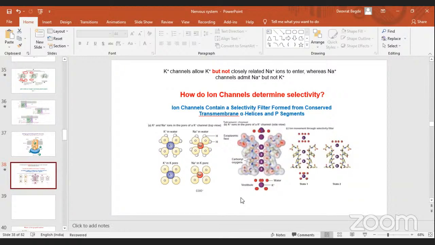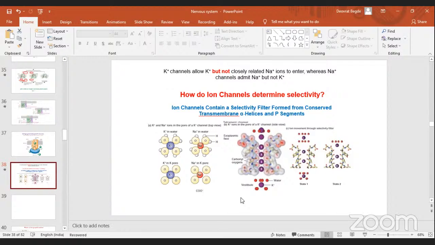As soon as these hydrated ions approach the vestibule, or the channel inner core, the water molecules are stripped off the ion, and then the ion is made to interact with the oxygens of those carboxylic acid groups which are positioned so that they orient exactly the way the water molecules are associated with potassium ions.